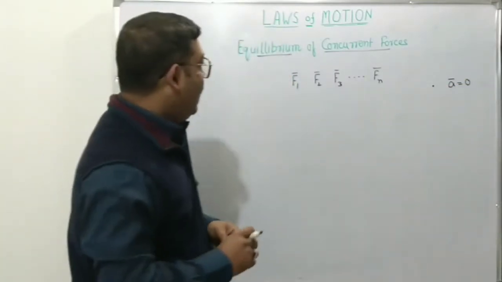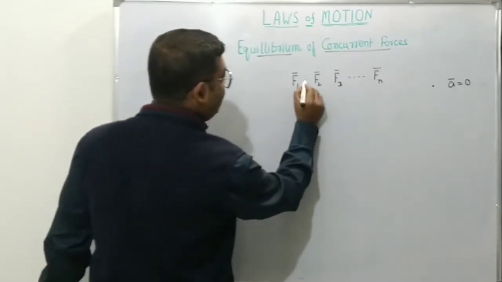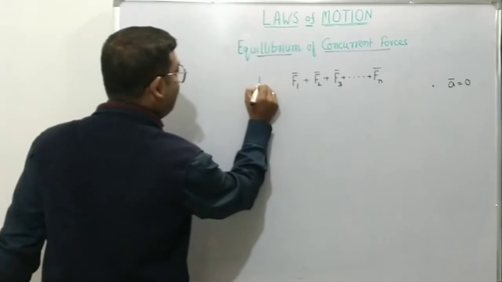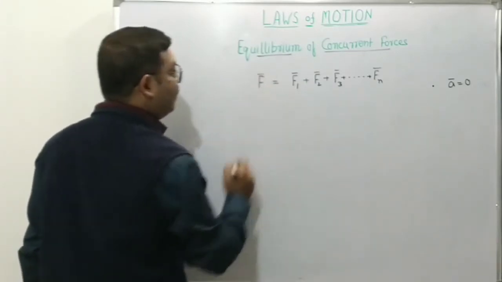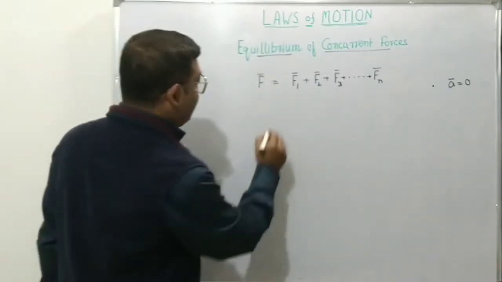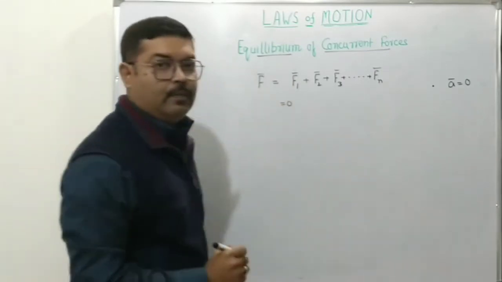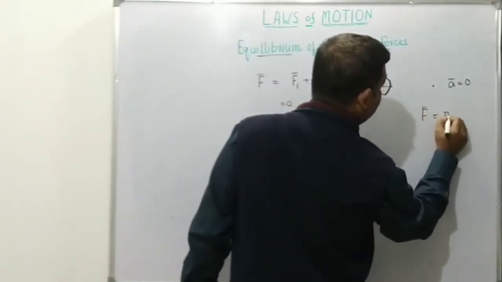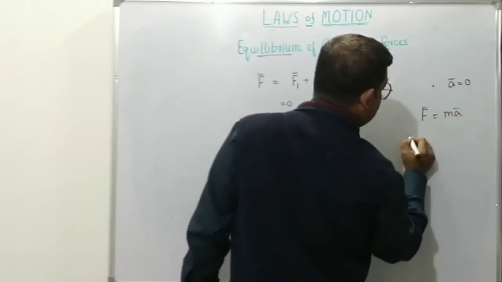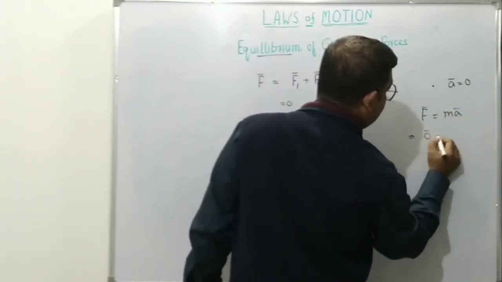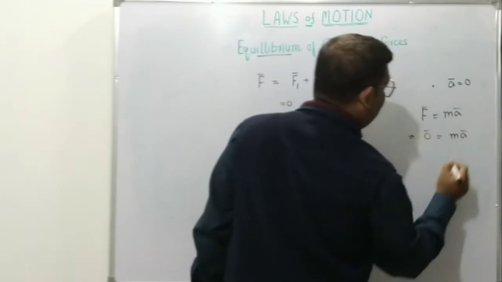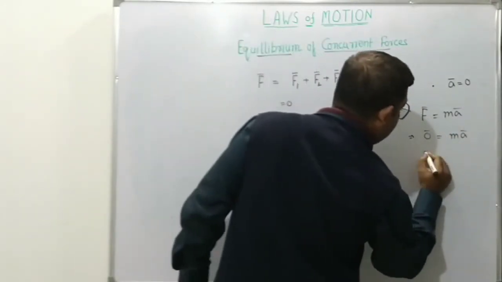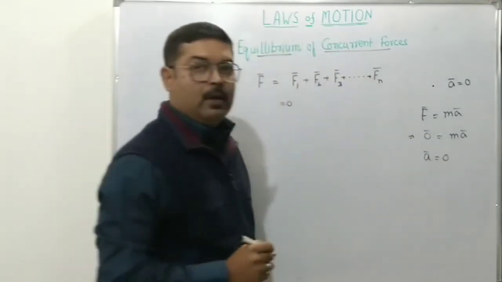However, if these forces are such that the vector sum of these forces, which is given by say F, is equal to 0, then Newton's second law, F equal to ma, will give us that 0 vector equal to m into a. The mass of the particle or the object is not 0, therefore a must be equal to 0.